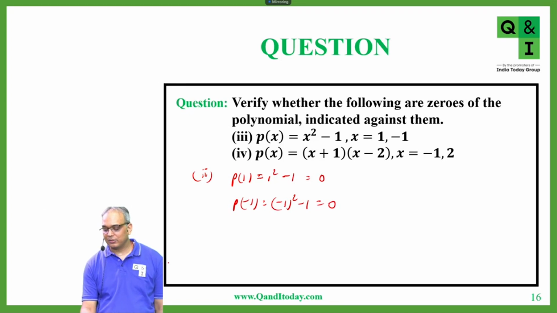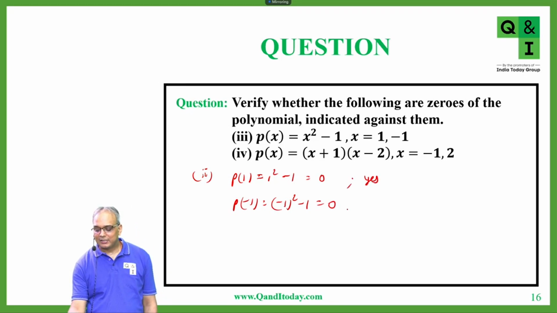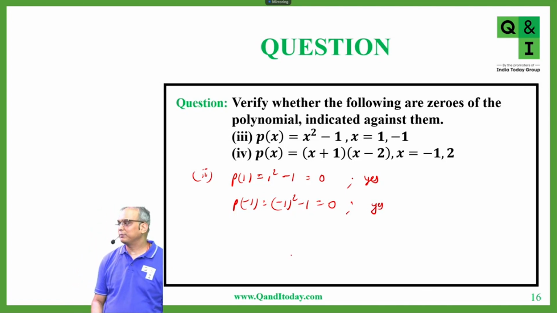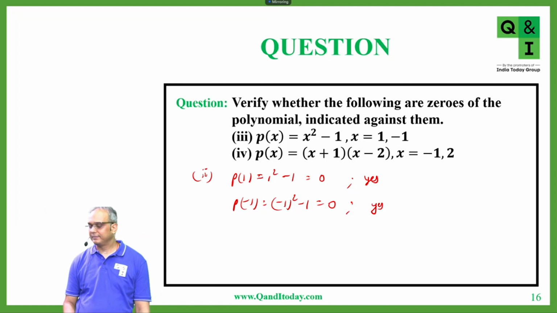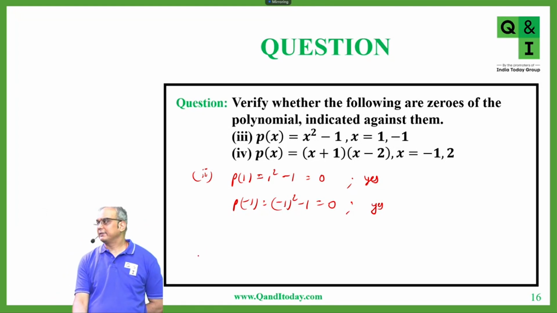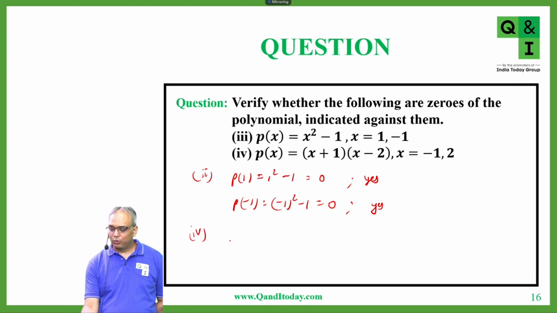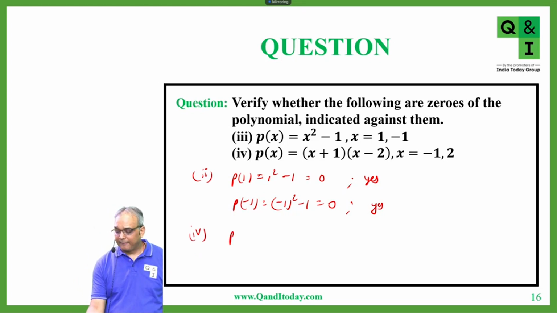Again, it is 0. So yes, it is 1 and minus 1, both are the 0 of this polynomial. Yes, correct. Anay, Arush.